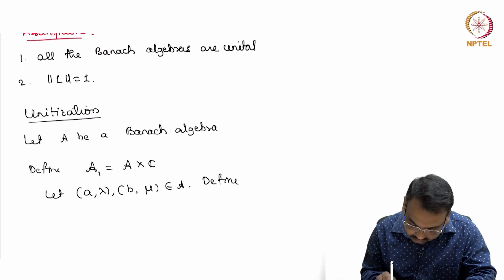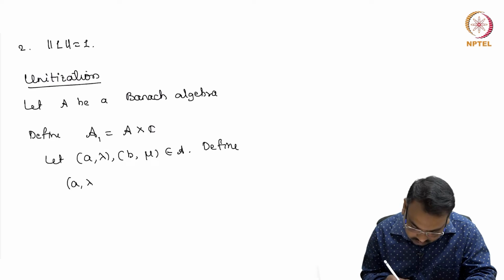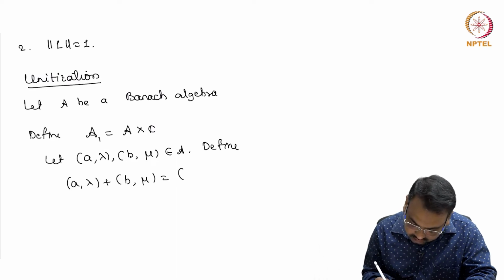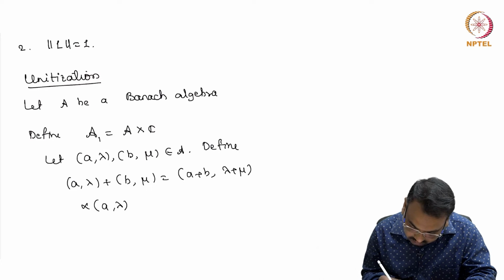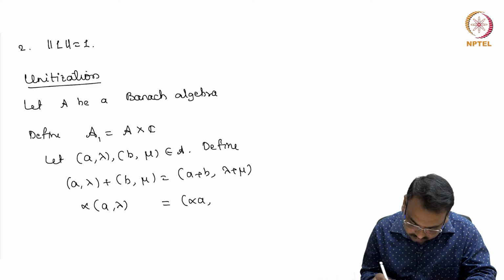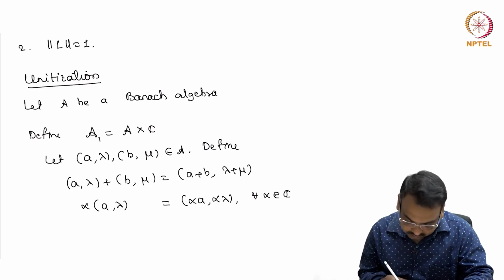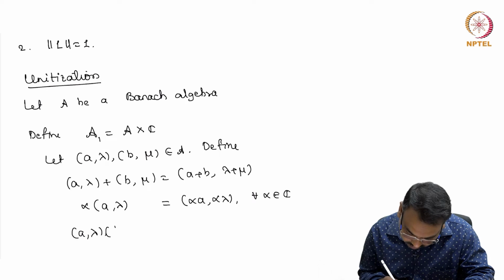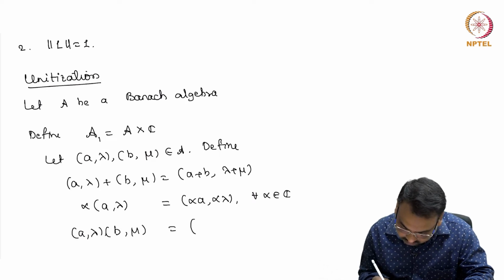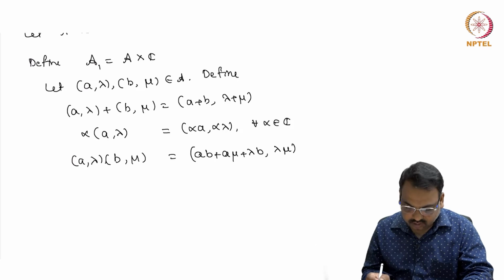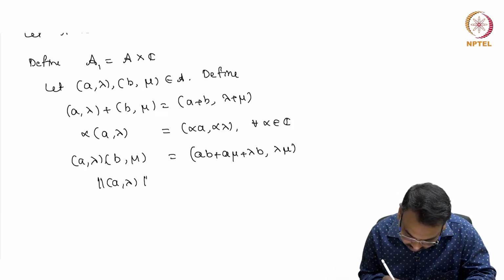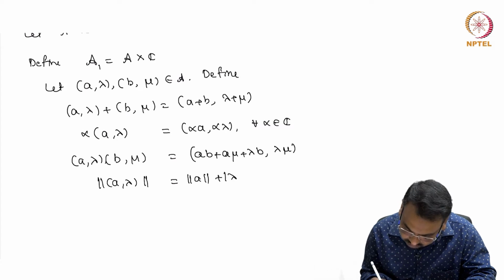Define (A, lambda) plus (B, mu) as (A plus B, lambda plus mu), and alpha times (A, lambda) as (alpha A, alpha lambda), and (A, lambda) multiplied by (B, mu) as (AB plus A mu plus lambda B, lambda mu), and the norm of (A, lambda) is norm of A plus mod lambda.